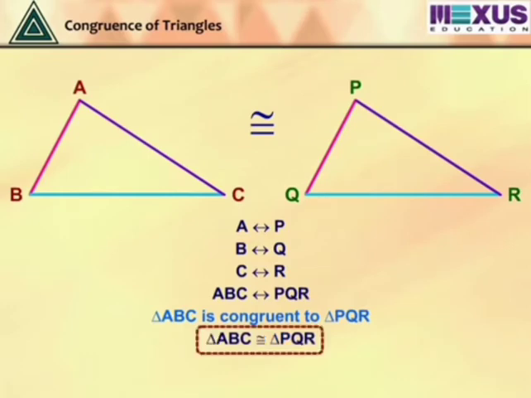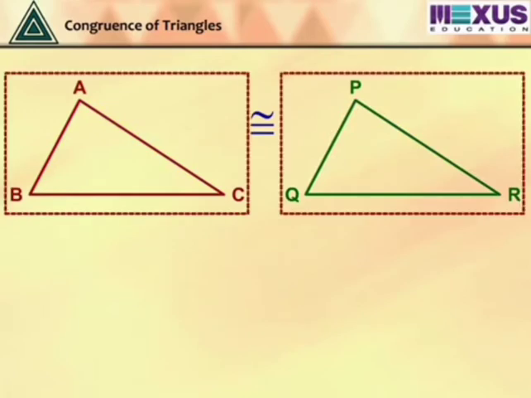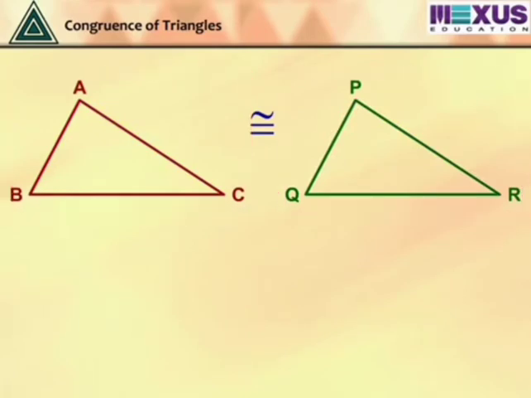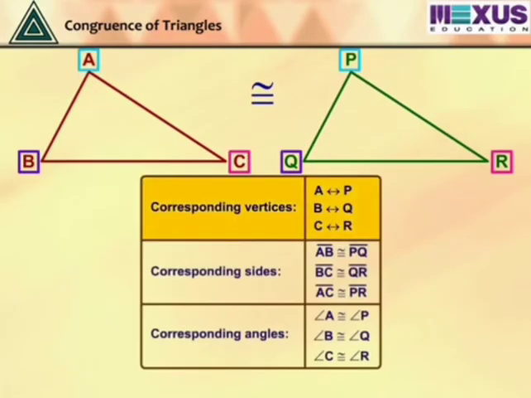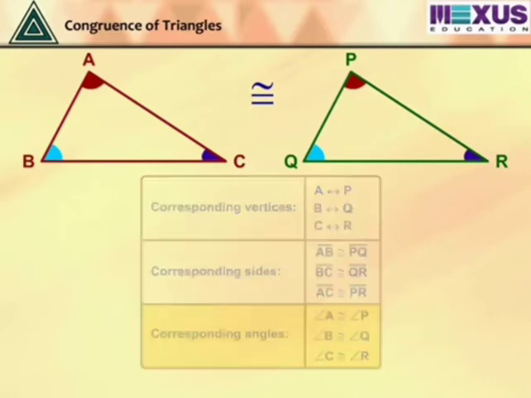You can see the congruent sign there. Triangle ABC is congruent to triangle PQR. That means AB side equals PQ side, BC side equals QR side, and AC side equals PR side. So corresponding vertices, corresponding sides, and corresponding angles are also equal.